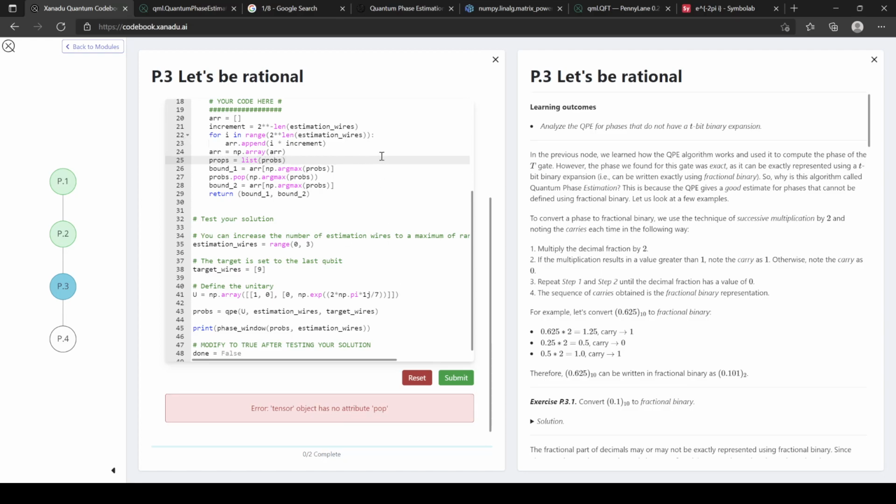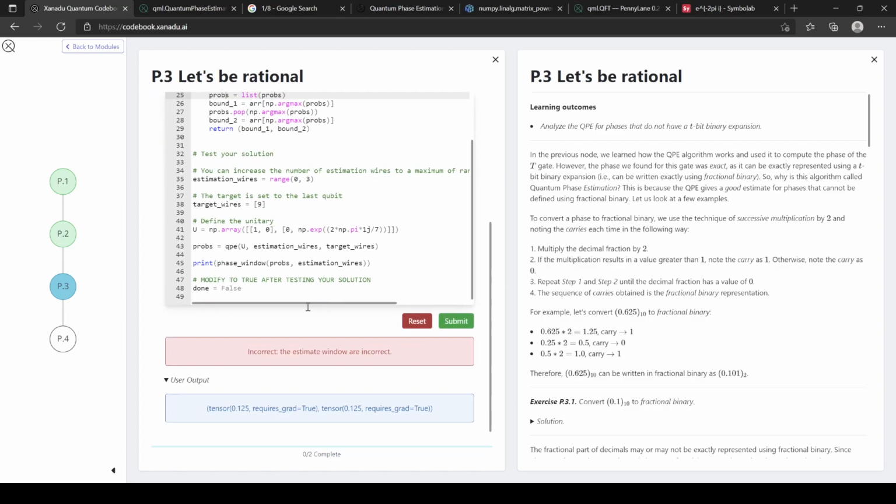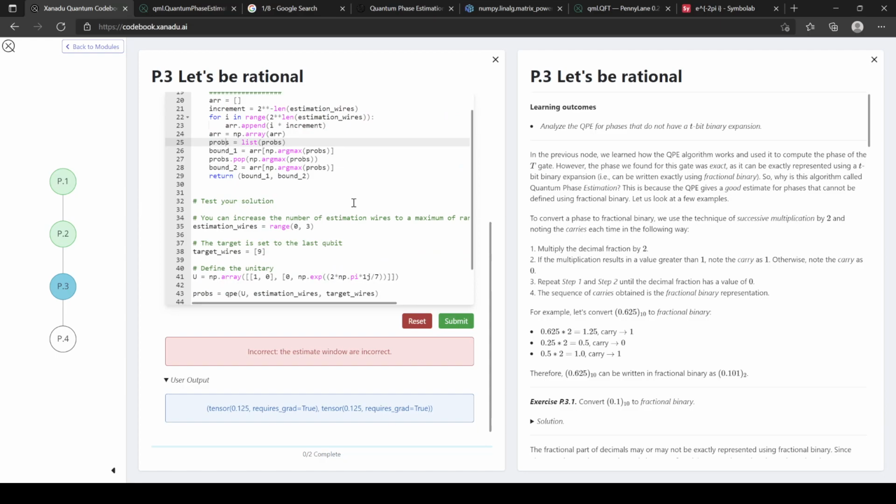Oopsies. Why is this a tensor? How do I convert this out of tensor units? I don't want it to be a tensor anymore.